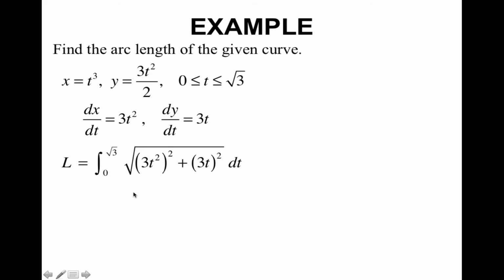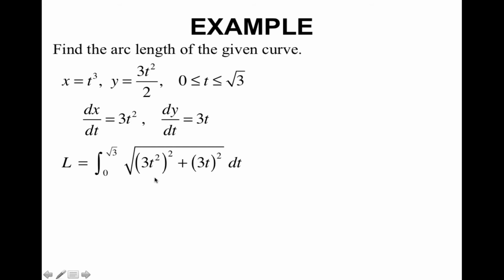And then I'm going to go ahead and set up my arc length. I'm going from 0 to the square root of 3. And of course you check your limits by plugging 0 and the square root of 3 into the x function. And you'll notice when you do that, you will get that 0 is the smaller one.